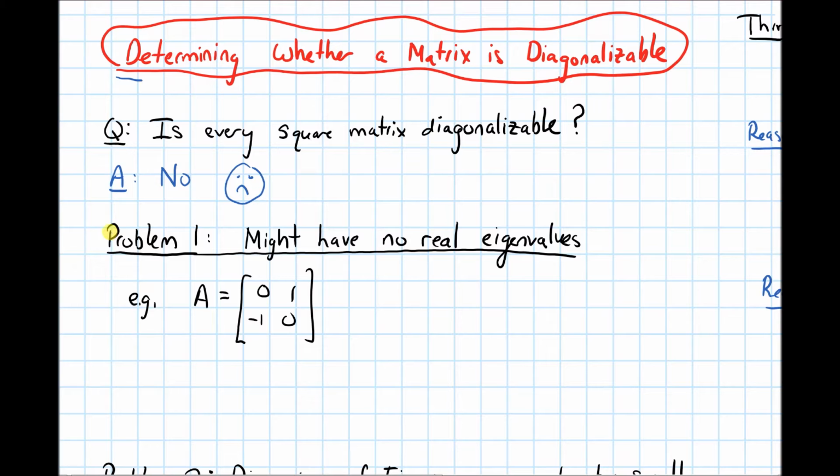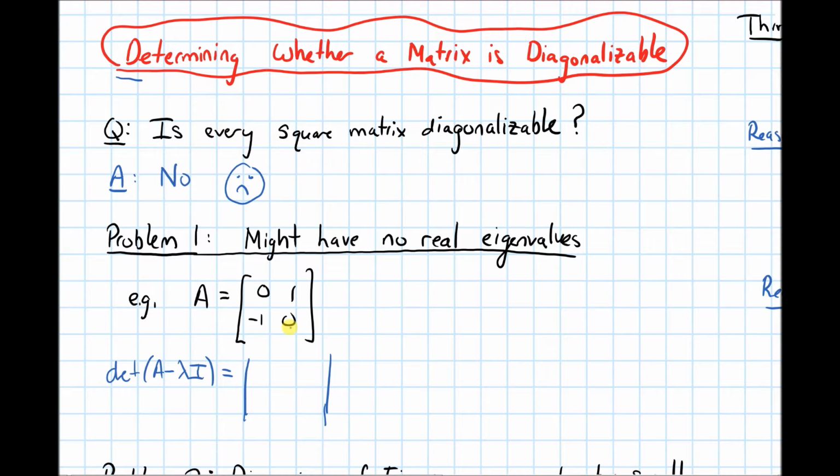So let's talk about the issues that we can run into that might make a matrix not diagonalizable. The first problem is we could run into a situation where we have no real eigenvalues. If I look at this matrix and we compute its eigenvalues, we look at the determinant of A minus lambda I. I'm going to put these vertical lines to indicate I'm taking a determinant.